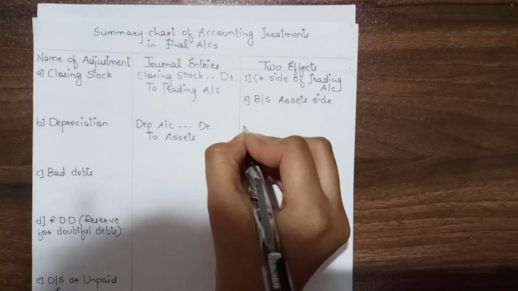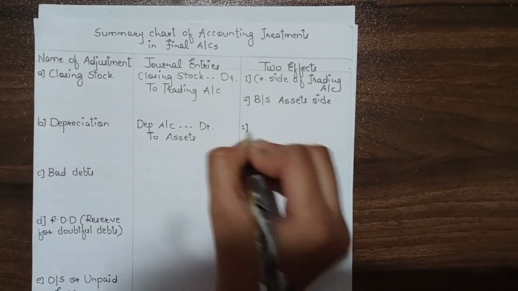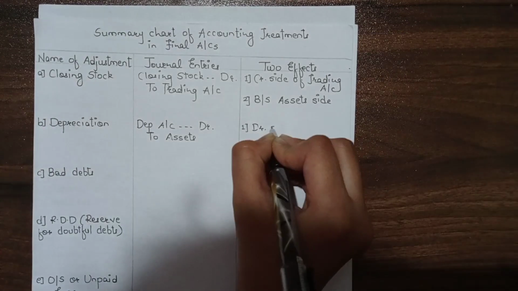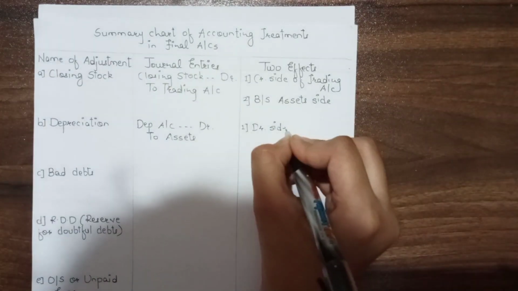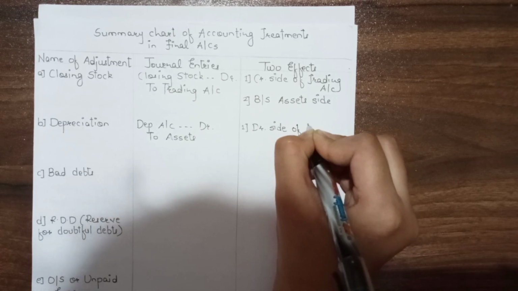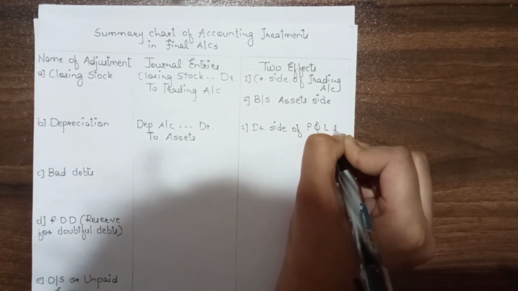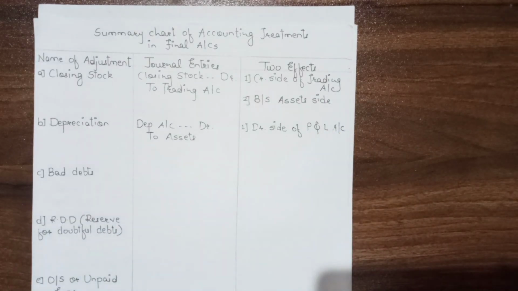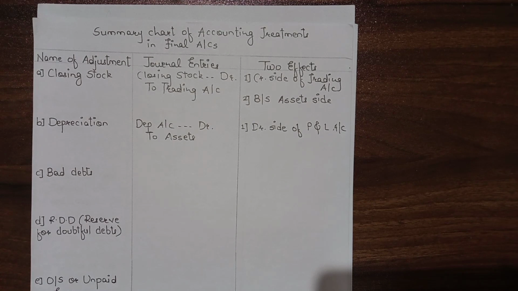So I will write here the first effect, debit side of profit and loss account. Okay, so this is your first effect of depreciation.